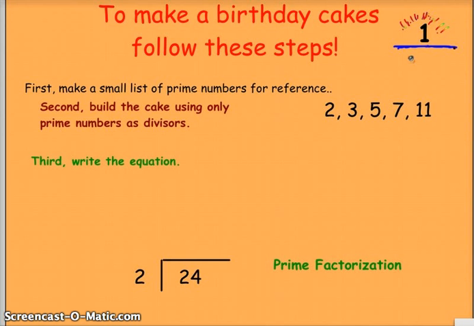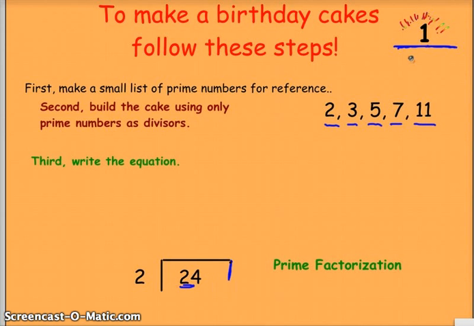Here in our example, I've listed the first five primes: 2, 3, 5, 7, 11. Those are just to give me a reference point when I build the layers of my cake. Down here where 24 is, you see I have the first layer of my cake.